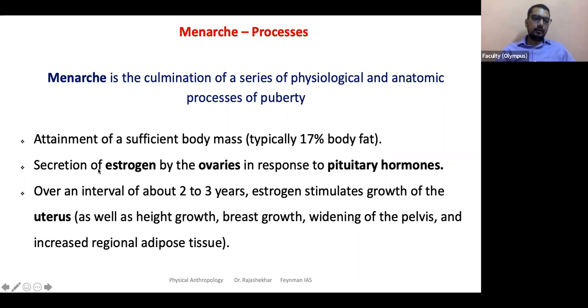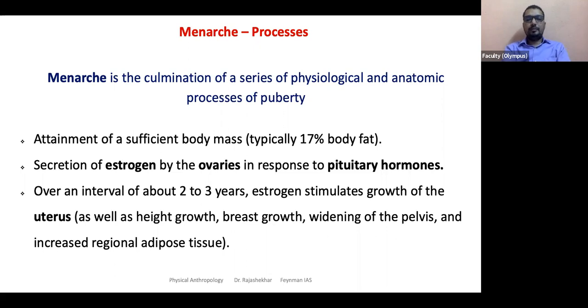Then comes secretion of estrogen by the ovaries in response to pituitary hormones. As part of this, what happens? The pituitary gland, the master gland of all hormones, present in the brain, sends signals to the ovaries to produce estrogen. This is how the brain sitting here controls various parts and processes in the body.